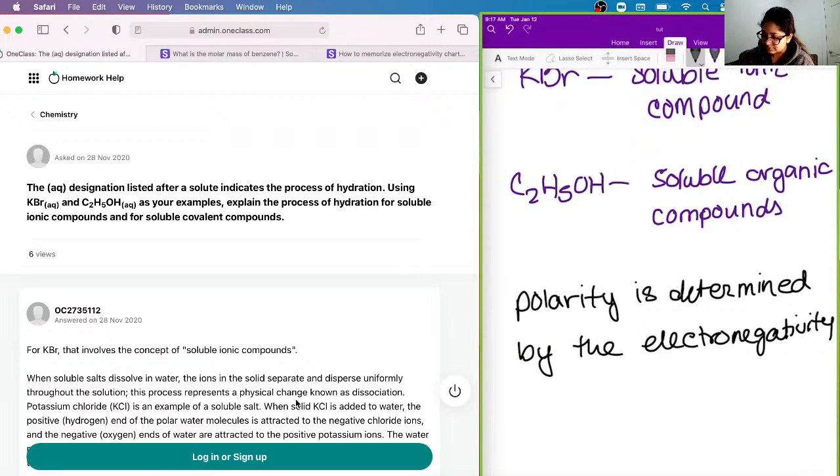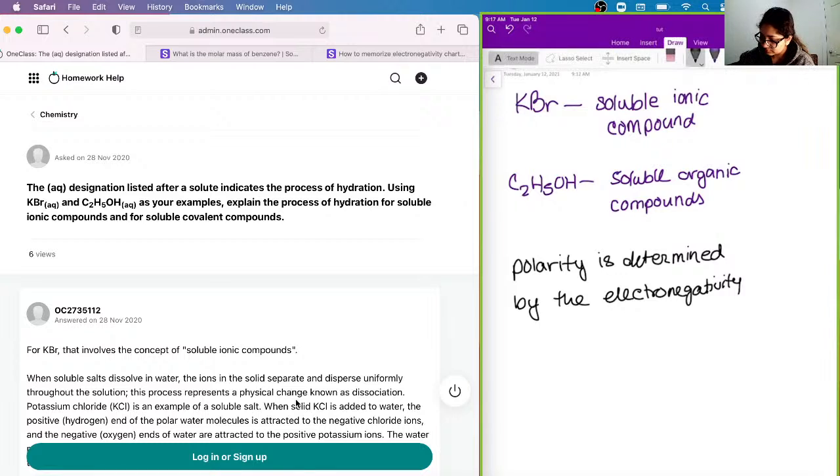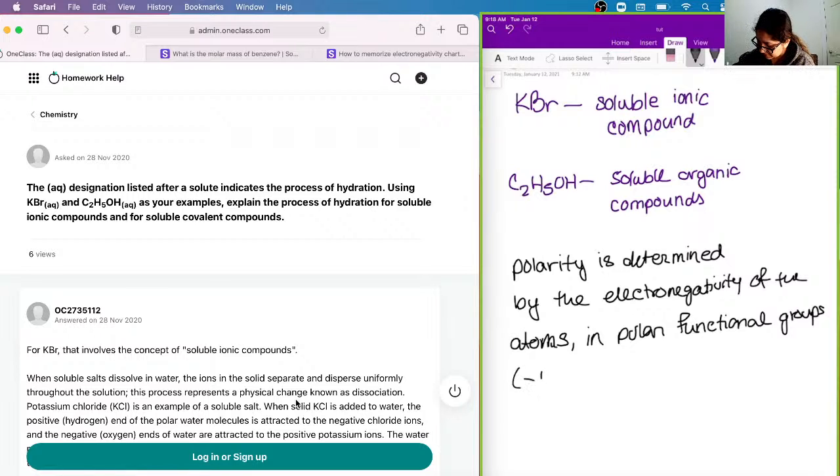It's determined by the electronegativity of the atoms. Okay. And also in polar functional groups, these are such as your amines and alcohols.